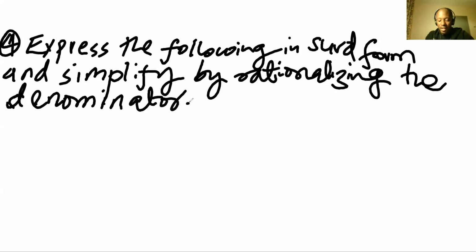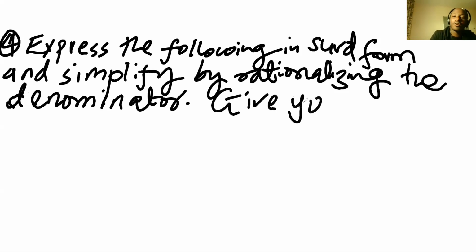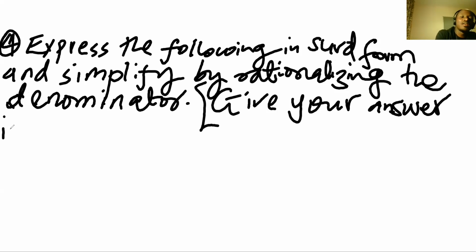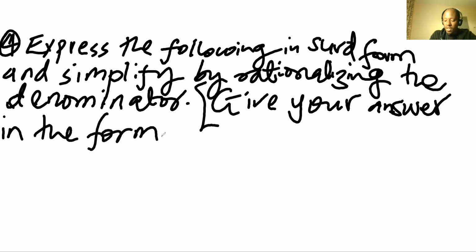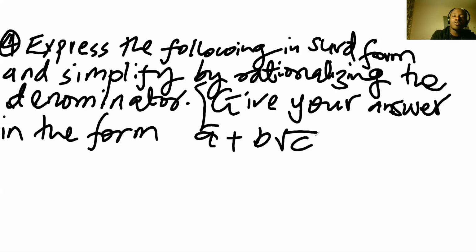Now remember, here they give you a catch. Give your answer in the form. So this is a very important line because you must do that in the form A plus B root C. Very important instruction.